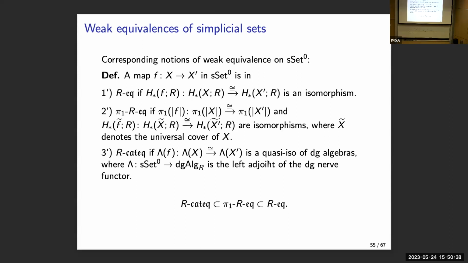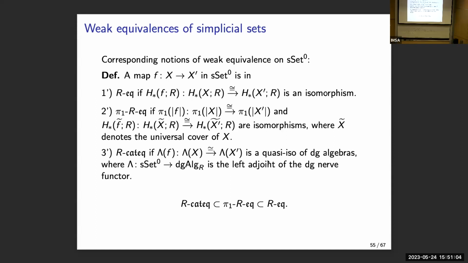How should you think of this? R categorical equivalence is a type of linearized quasi-categorical equivalence. Now, simplicial sets form a framework for both homotopy types and infinity categories. Now I'm linearizing your infinity category, and the notion of equivalence you get is this R categorical equivalence.